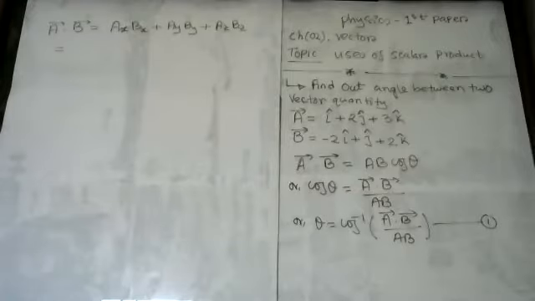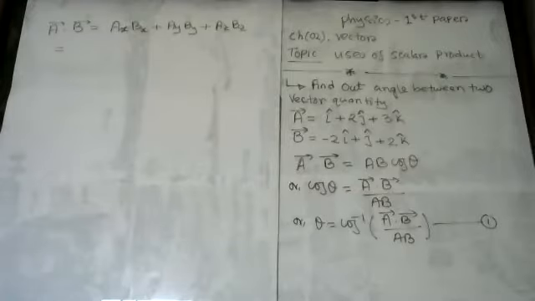And then I'm going to find out the values of A and B, my dear student. So, the magnitude of A will equal root over AX square plus AY square plus AZ square. So, what is the value of A?